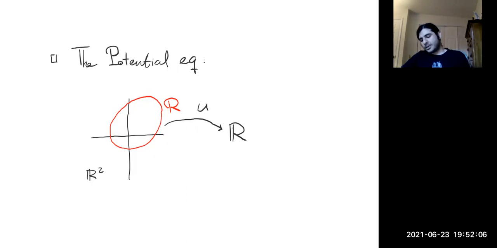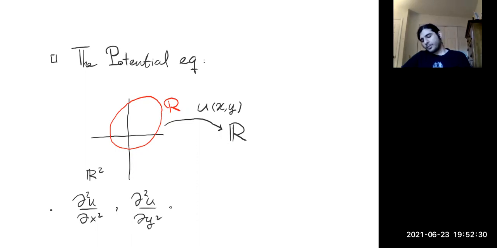This function u is a function of x and y. So we can look at the derivative of this function with respect to x, and with respect to y. We can look at the second derivative of the function with respect to x, and the second derivative with respect to y.